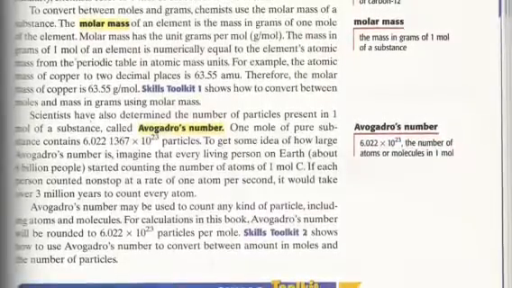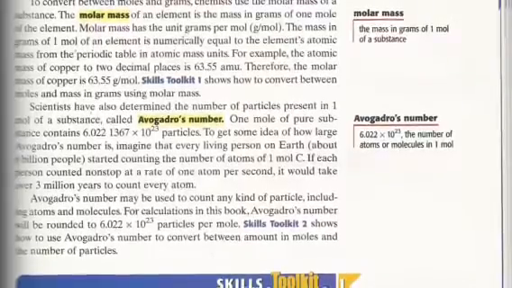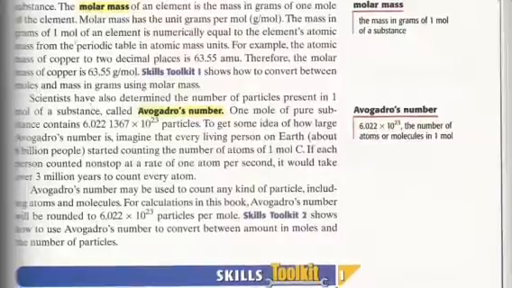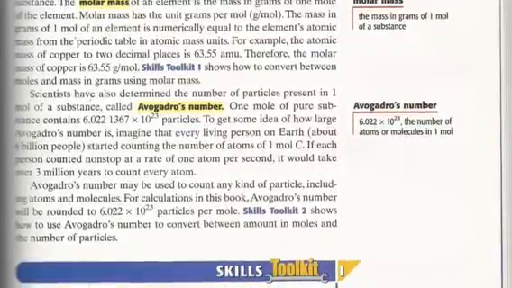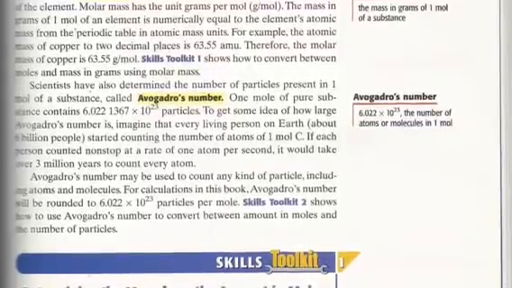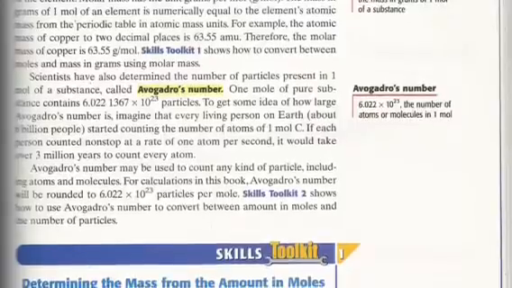For example, the atomic mass of copper to 2 decimal places is 63.55 AMU. Therefore, the molar mass of copper is 63.55 grams per mole. Skills Toolkit 1 shows how to convert between moles and mass in grams using molar mass.